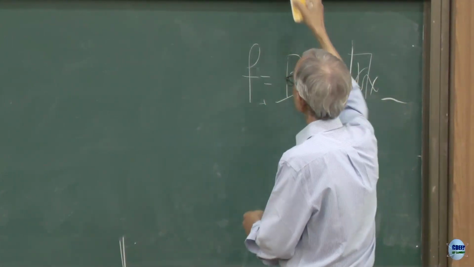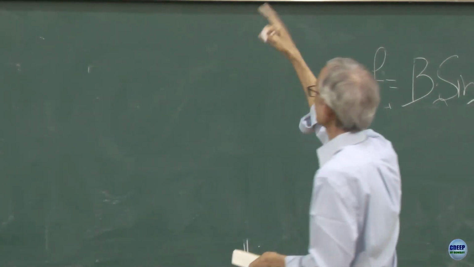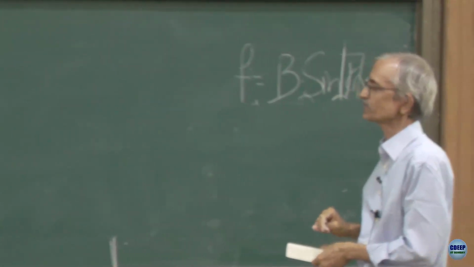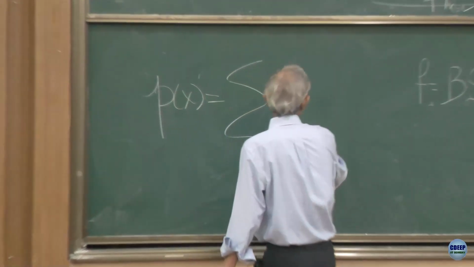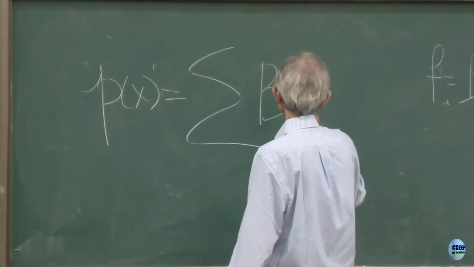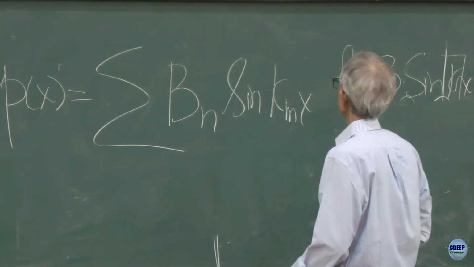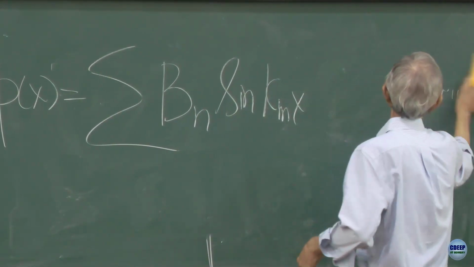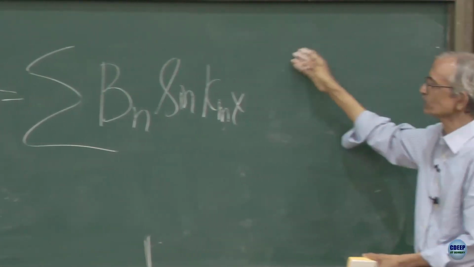We did everything that was to be done, and then we got this, and getting that F is not a big deal. So what we say is my final condition which was there, P of x is going to be equal to the summation of Bn sine of Kn x, n from 1 to infinity, at e to the power of minus lambda square t is equal to 1.